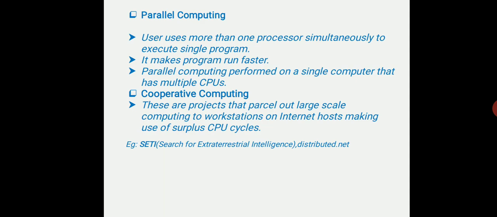There is one more, that is parallel computing, making use of multiple CPUs to accomplish a single task. And one more, that is cooperative computing, using the surplus CPU cycles to accomplish large scale projects, isn't it?